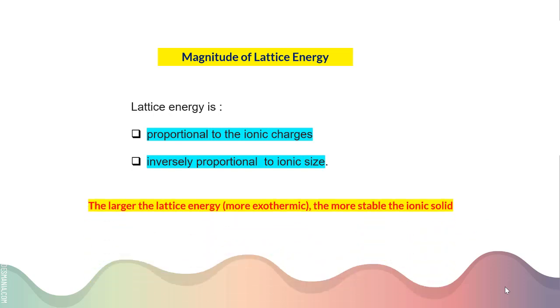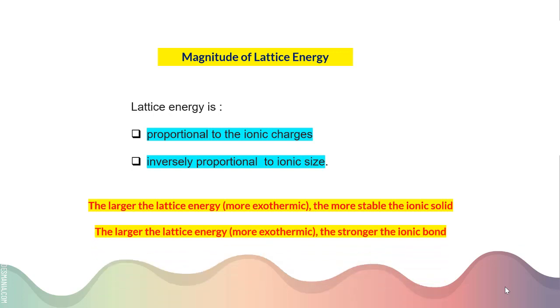The larger the lattice energy, or the more exothermic the lattice energy, the more stable the ionic solid. Its value is an indicator of the strength of ionic bonds in the ionic crystal. The larger the lattice energy, the stronger the ionic bond. Ionic crystals with highly negative lattice energy have strong ionic bonds.